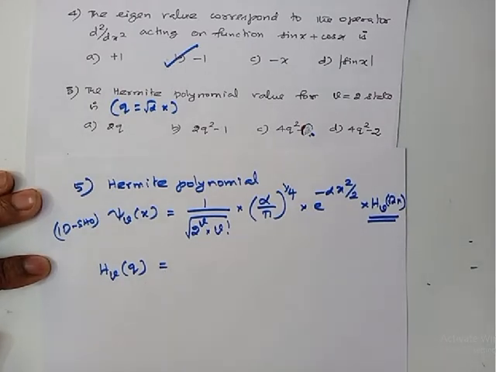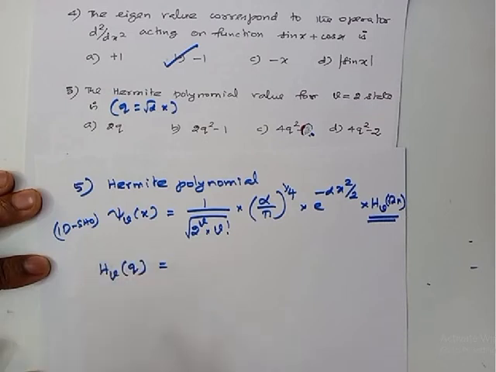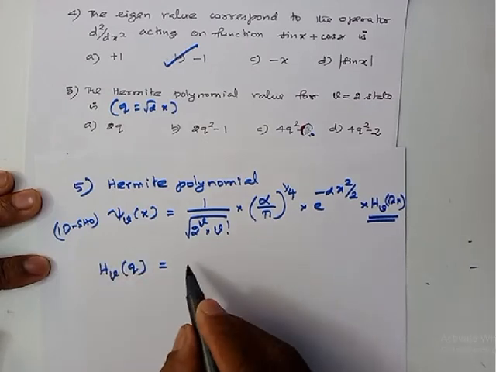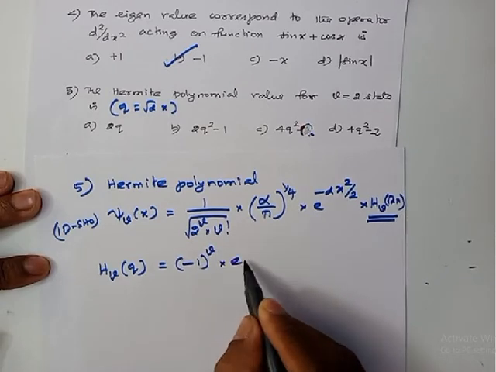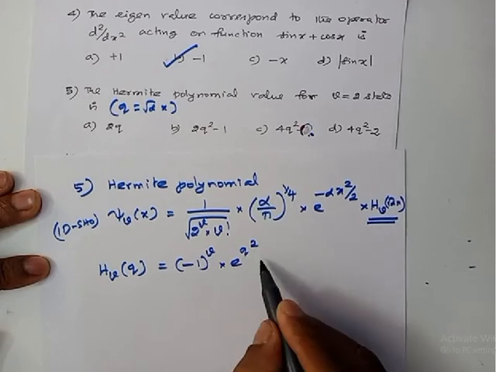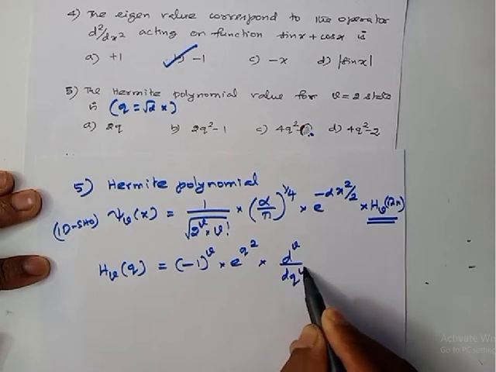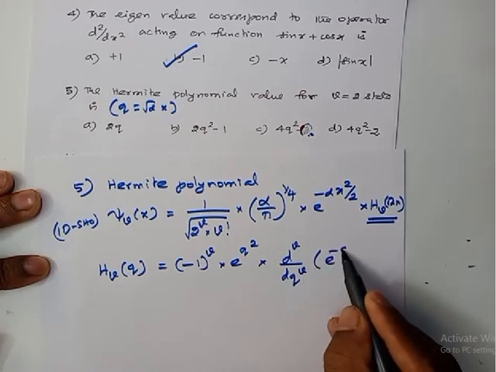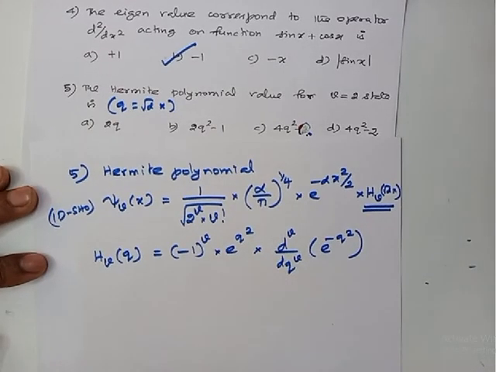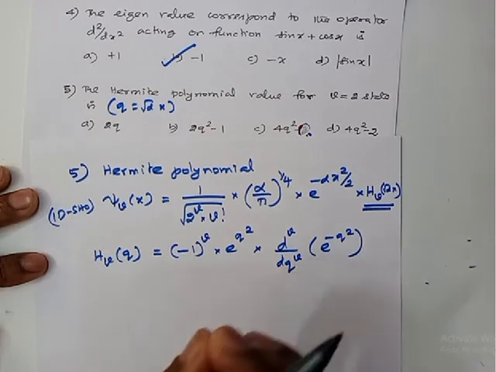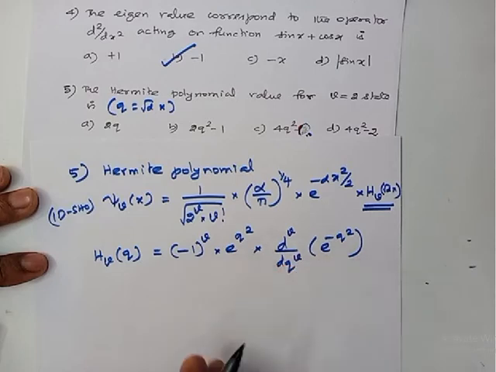For any vth vibrational state, the general formula is minus 1 power v into e power q square into d power v by dq power v of e power minus q square. This is the general formula for Hermite polynomials. Yeah, this is actually quite simple. If you know how to differentiate functions, then you can easily do it.